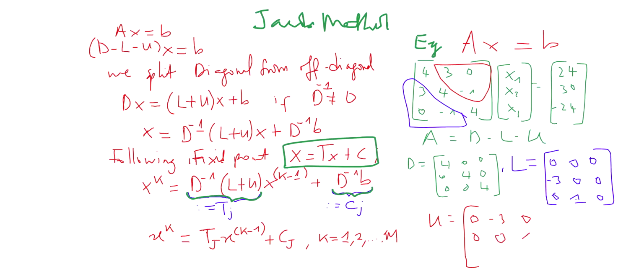So if you take your Ax equal to B and split it into these three parts, you can split it into D minus L minus U as this. Okay.